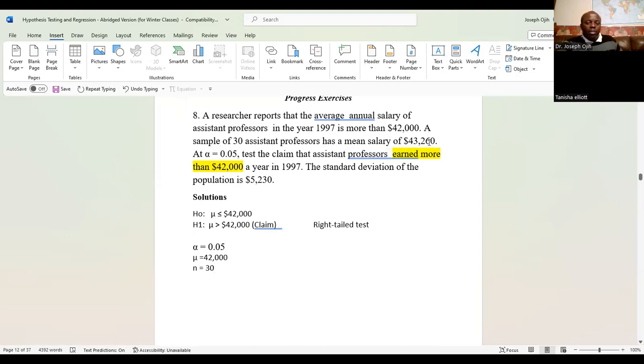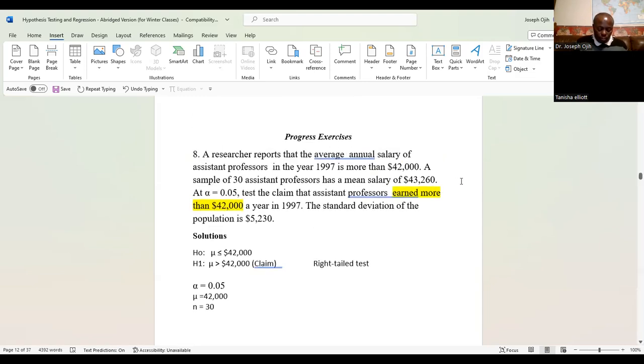We cannot get the character for the sample mean here, so we're going to get it from a different workbook. X bar equals 43,260. And then the population mean is 42,000, and n is 30. The standard deviation is given as 5,230.